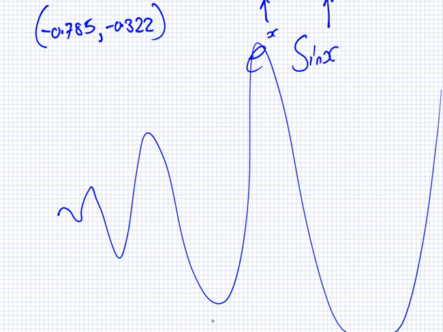There we go. Eventually. So look, I'll have to exaggerate it here, but you can see the first turning point near the origin is around about here, which looks like it's about minus 0.75 and minus 0.3, which is what it is.